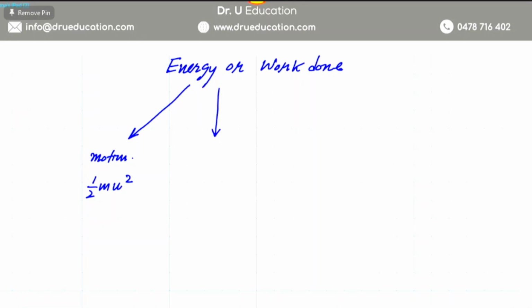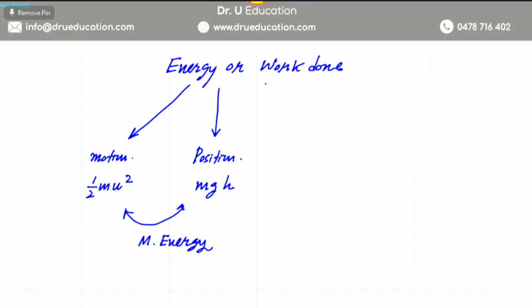Energy or work done we calculated due to position. That would be mgh. Right? These two combinedly, this is the ultimate summary, these two combinedly we call mechanical energy. Right?